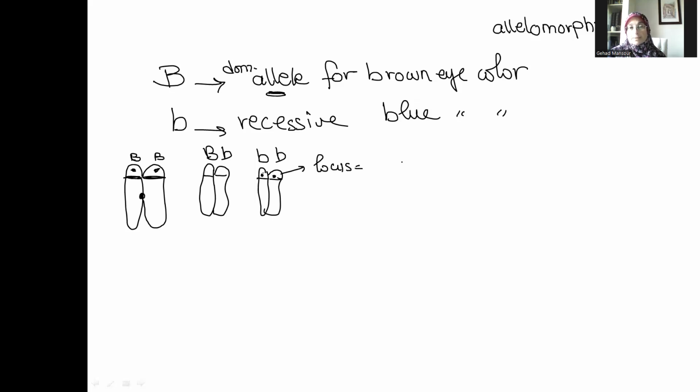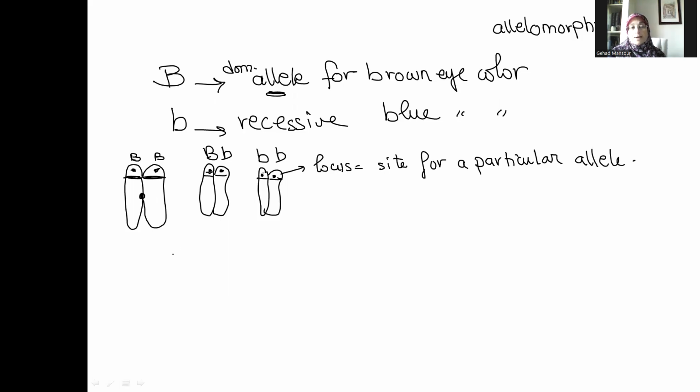A locus is a site for a particular allele on a chromosome. So every duplicated chromosome will have two loci, and you have these possible alleles.